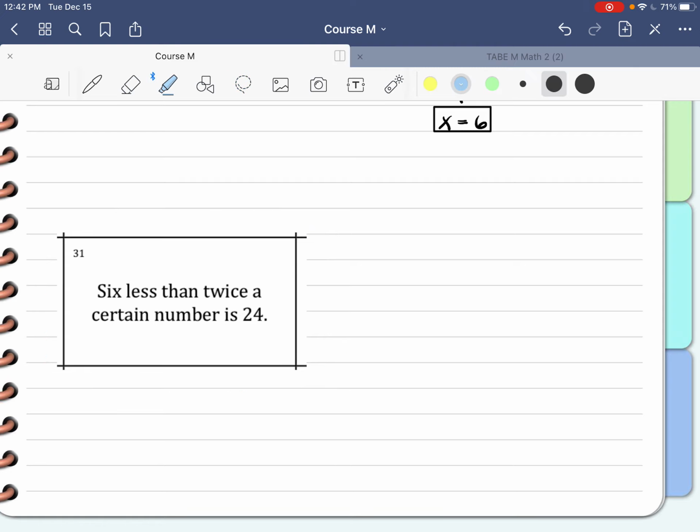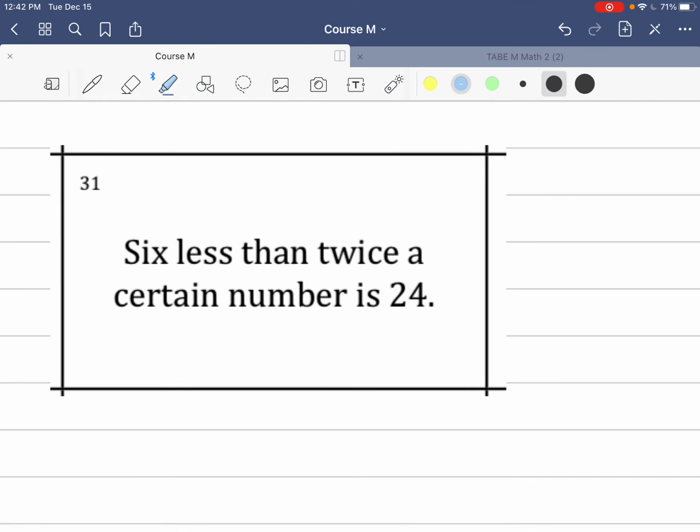Number 31. 6 less than twice a certain number is 24. Well, there's my equal sign. And I know that a certain number, that's going to be an x, is 24. I know that 6 is 6. Twice means times 2.